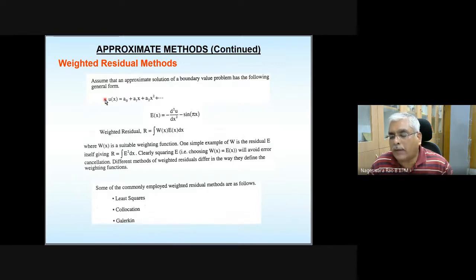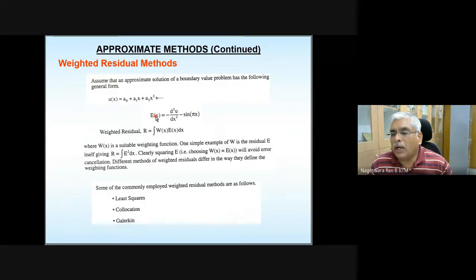You start with a polynomial trial solution and substitute it into the error function. Since the trial solution is a function of x, when I substitute it, the error is going to be a function of x.